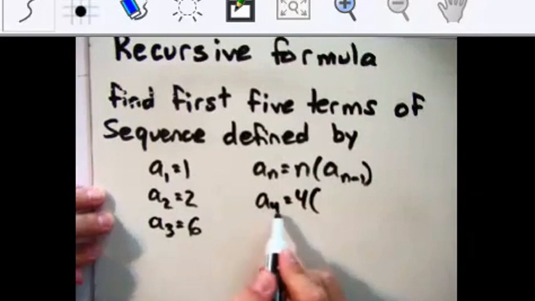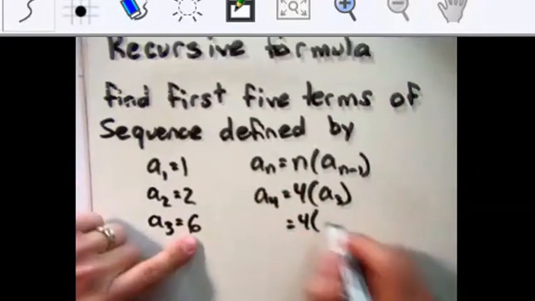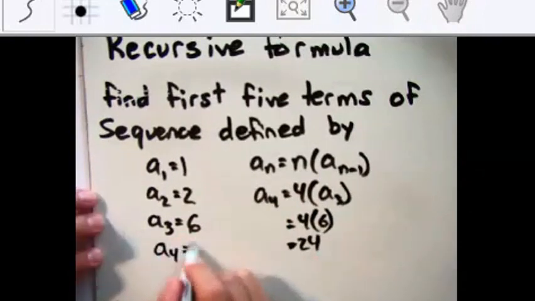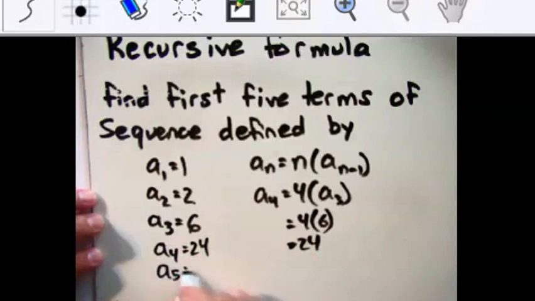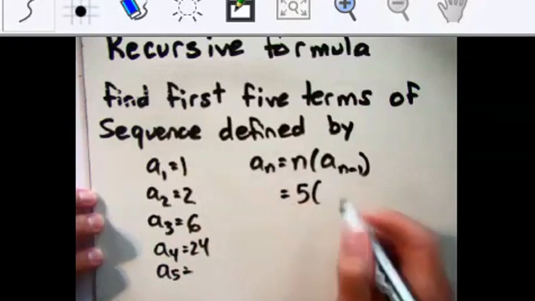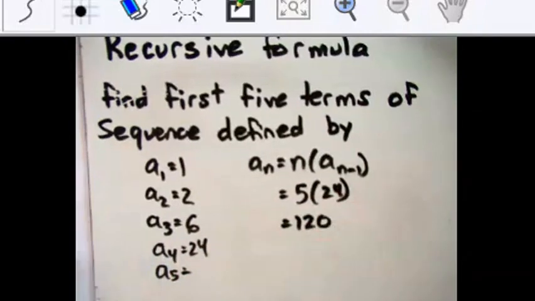So if I want a sub 4, I'm going to use a sub 3, which is 6. So that's 24. And then a sub 5, this is going to work out to just be 5 times a sub 4, which is 120.